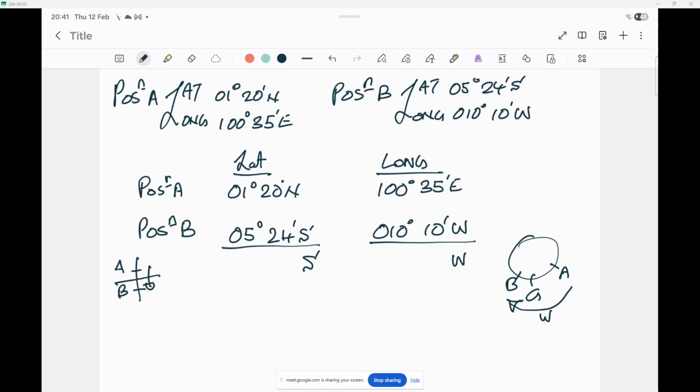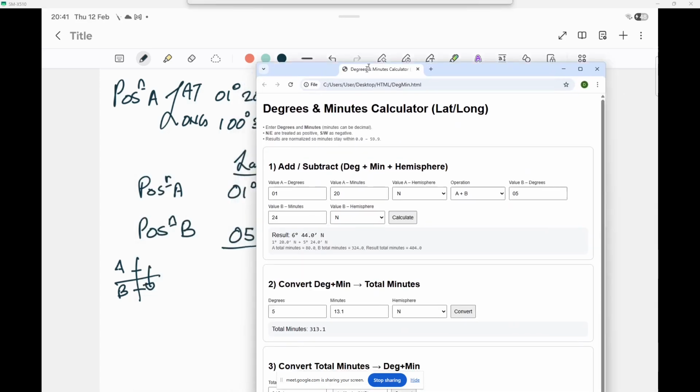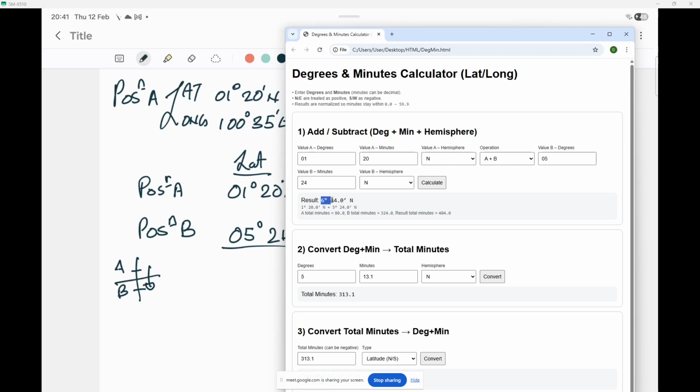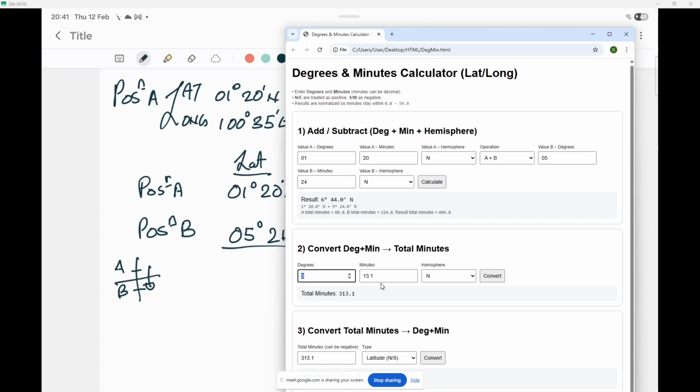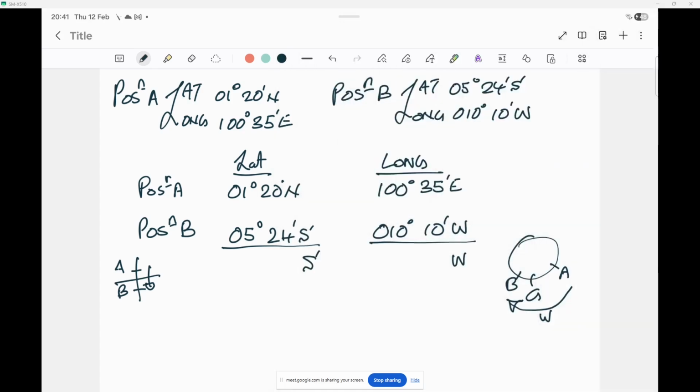So it's 6 degrees 44 minutes south. So let's calculate how much it is in minutes. So it's 404 minutes.